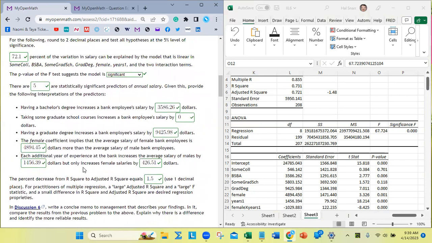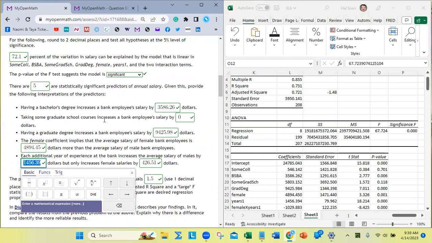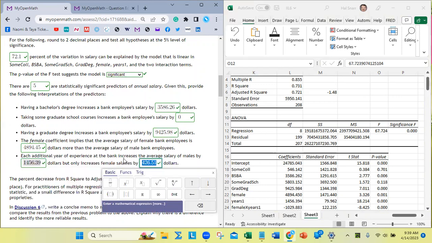The discrepancy we did see is that males were getting an additional $1,400 per year, whereas females were only getting $400 for each additional year of service. Again, that might have something to do with the fact that back in the 1980s, maybe most of the female employees started and stayed at the tellers, right? They remained tellers throughout their tenure at this particular bank.